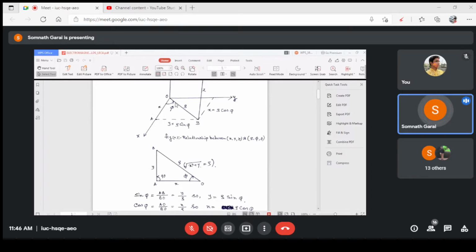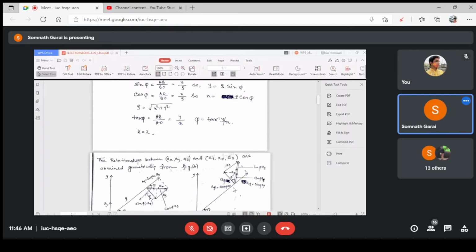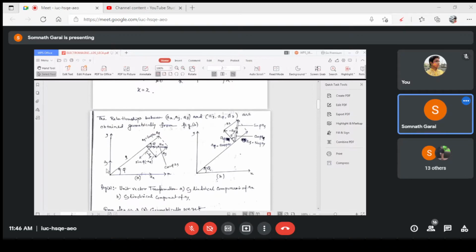This is y, this is x. And along the diagonal, rho is there. And this is the azimuthal angle phi.